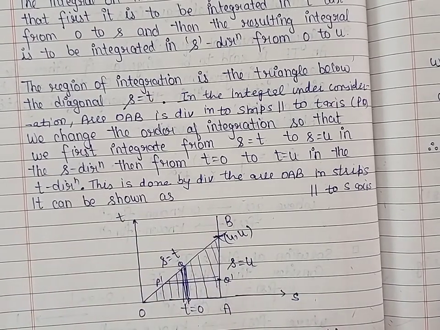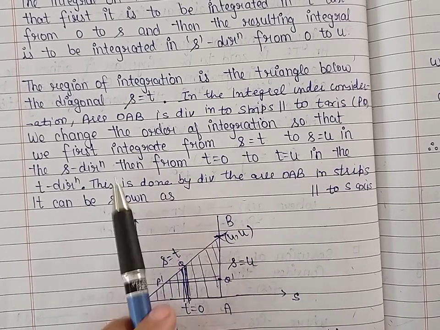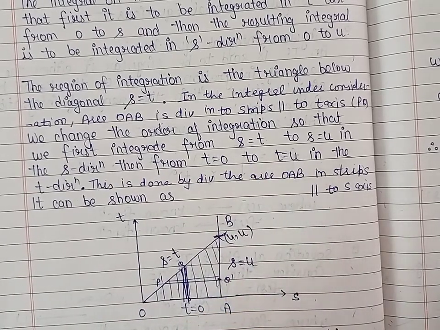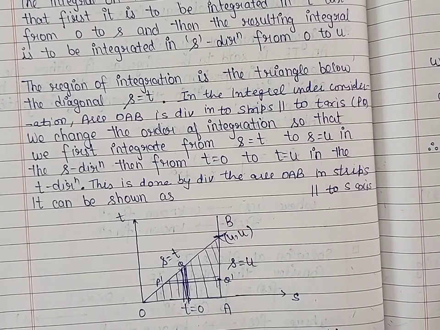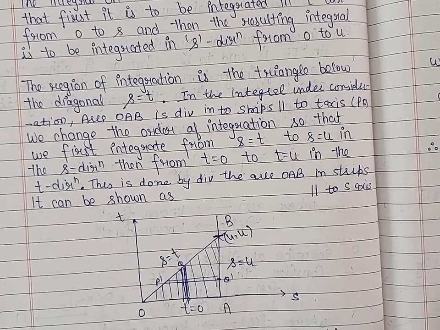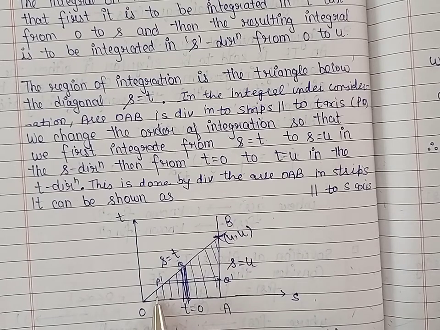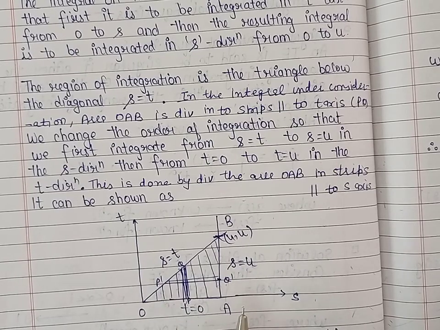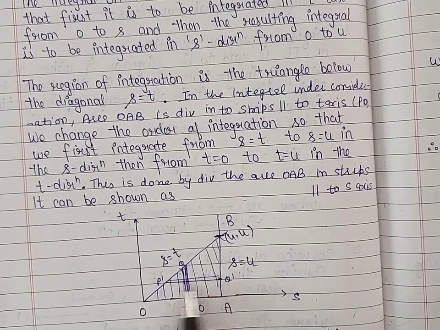Now we will change the order of integration such that our first integration is in the s direction and then the resulting integral is to be integrated in the t direction. So let us change the order of integration, and this can be done by dividing this area into strips parallel to the s axis, this kind of strips which are horizontal strips.